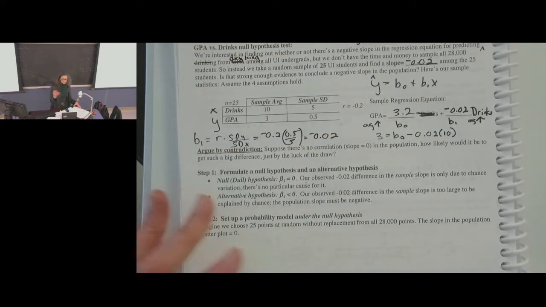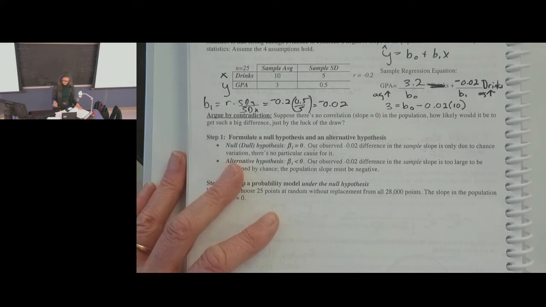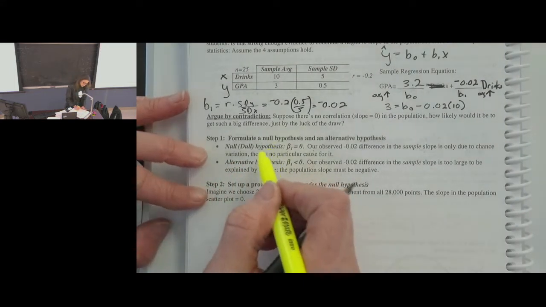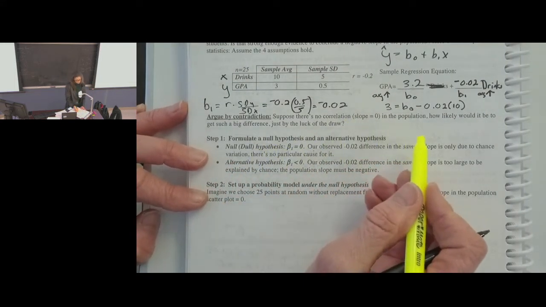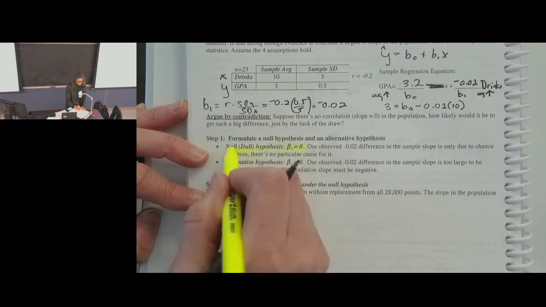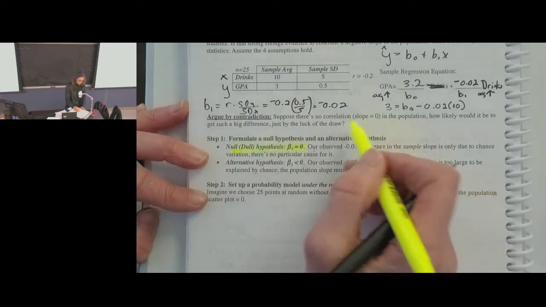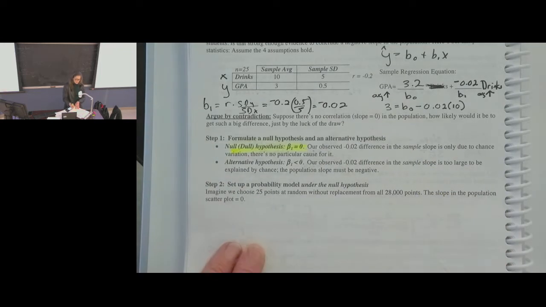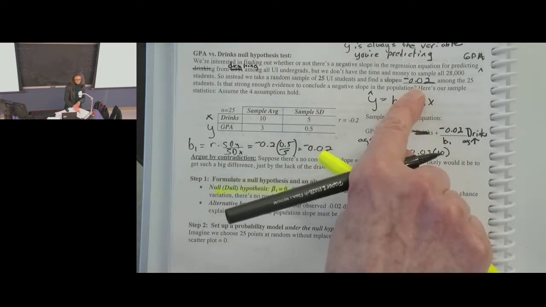So we argue the usual thing. Here's our null hypothesis. What if there really was no slope in the population? So we assume the null. How likely would it be that we'd get this negative slope?